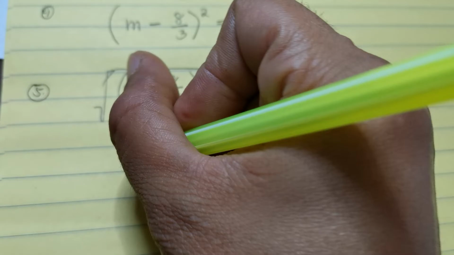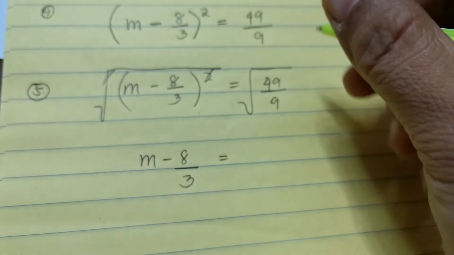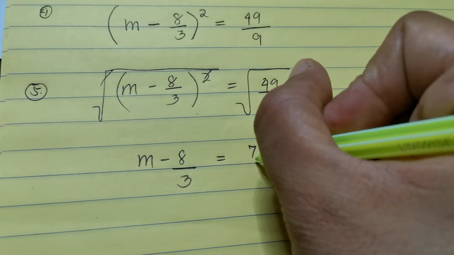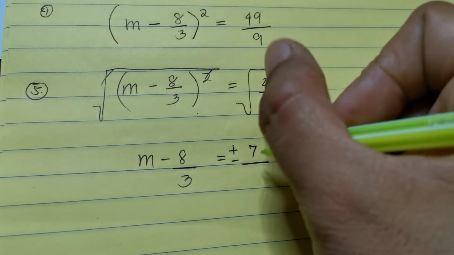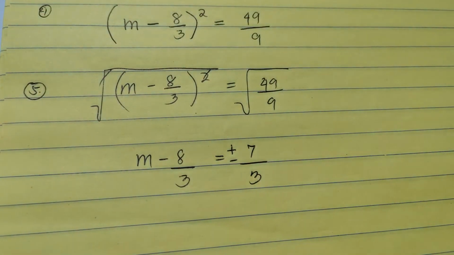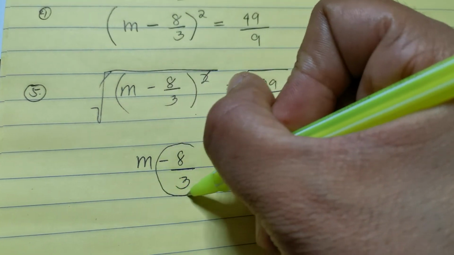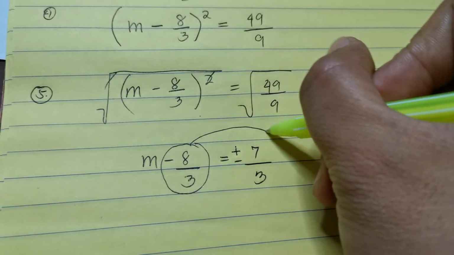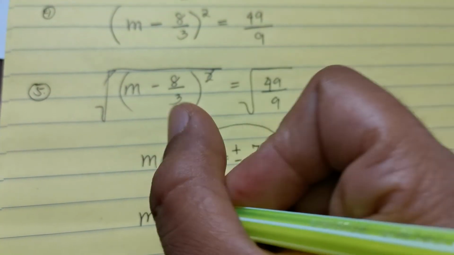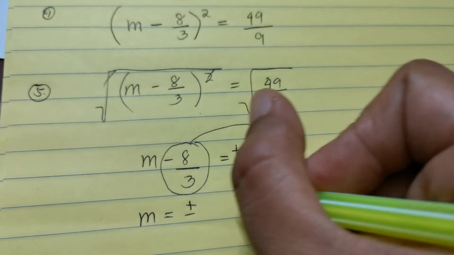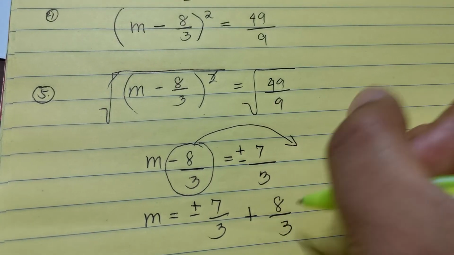Now we have m minus 8 over 3 equals plus or minus the square root of 49, which is 7, over the square root of 9, which is 3. To get the values of m, we transpose this constant to the other side of our equation. That will give us m equals positive and negative 7 over 3 plus 8 over 3.